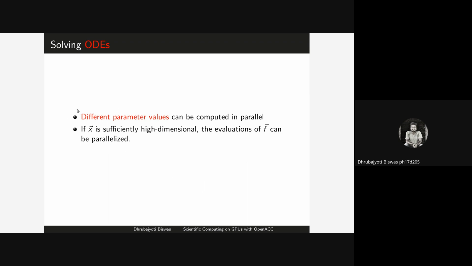You just run a loop for different parameter values with a hash pragma or ACC parallel loop, and you can do that computation in parallel. What needs to be seen is how you can do it if f is sufficiently high dimensional and your x is also sufficiently high dimensional. So we will see this.